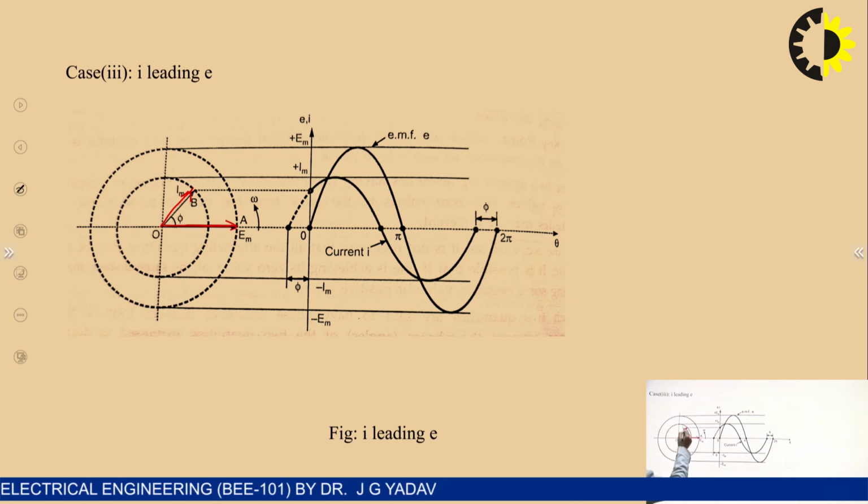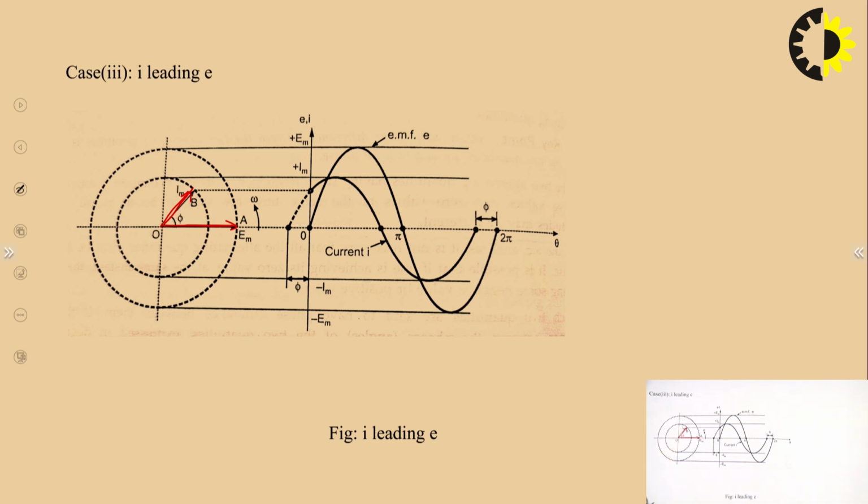This means this phasor is leading. When we see the waveform of I, its peak will come before the peak of the voltage waveform, that is the E waveform. We can very easily consider their projection.